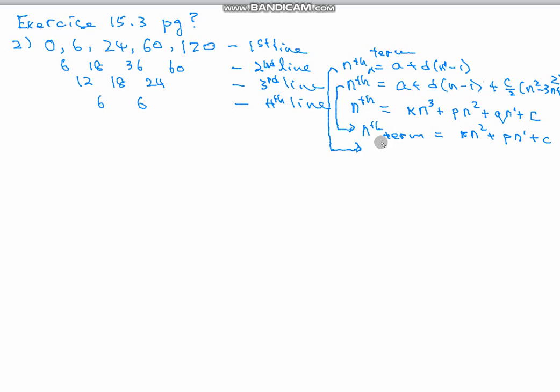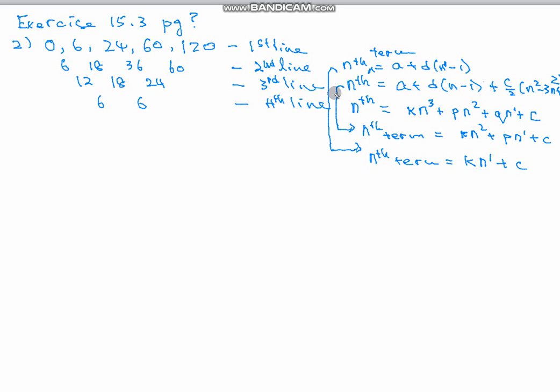Then the second line constant. Second line constant, the n term will be written as kn plus a constant. So if you have a second line constant, the final answer will be n to the power 1 plus constant. This constant may be there, may not be there.